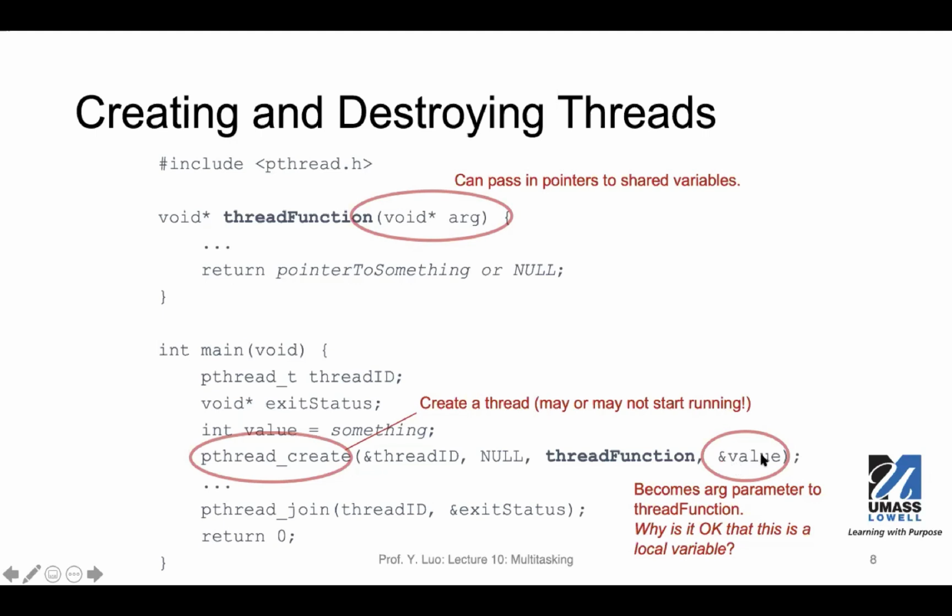Now, the question here is, is this okay? If it is okay, why? Why can this local variable's address be used as the input argument to pass into the thread function? I hope you understand my question.